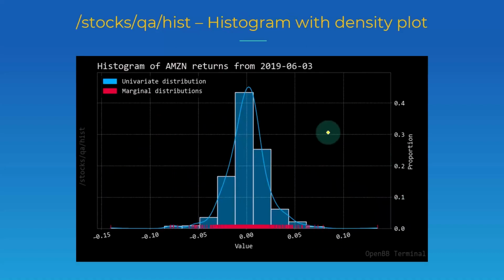Here you can see I'm looking at hist, which is a histogram with a density plot. So all that's going on here is it's creating what are called bins. In other words, this over here is a particular bin, then this one. We've got a whole bunch of bins, right? Each one of these levels is a bin, and this represents all of the returns that are within the range from here to here.